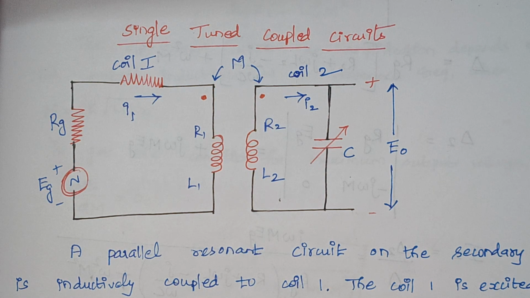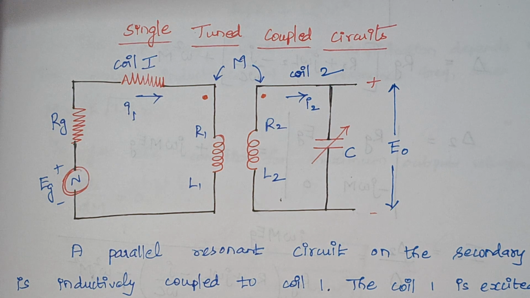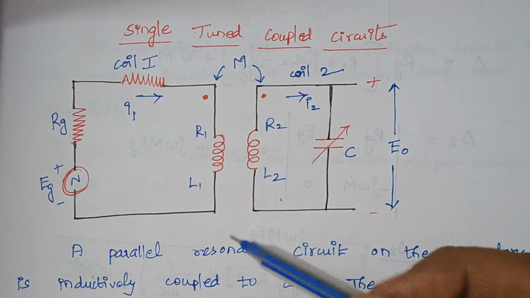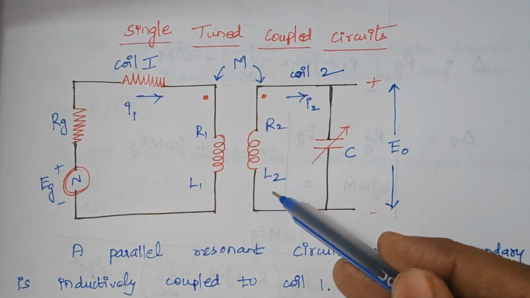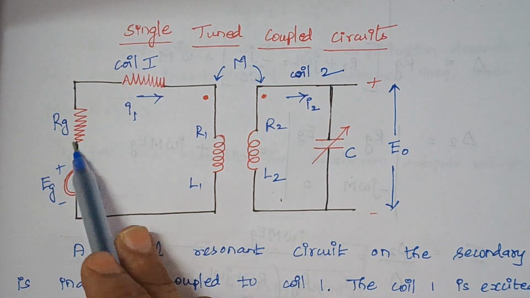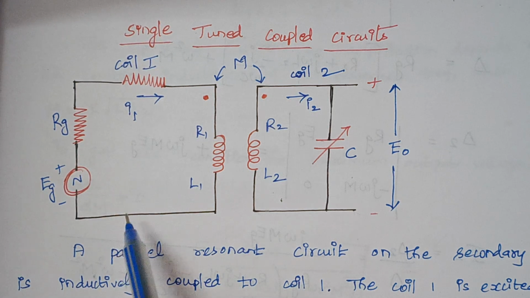If we have capacitors on both the coils, coil 1 and coil 2, then it is known as a double tuned coupled circuit. And as we all know, R1 and R2 are the respective resistances of the coils and L1 and L2 are the inductances of the coils. And this RG is nothing but your source resistance.